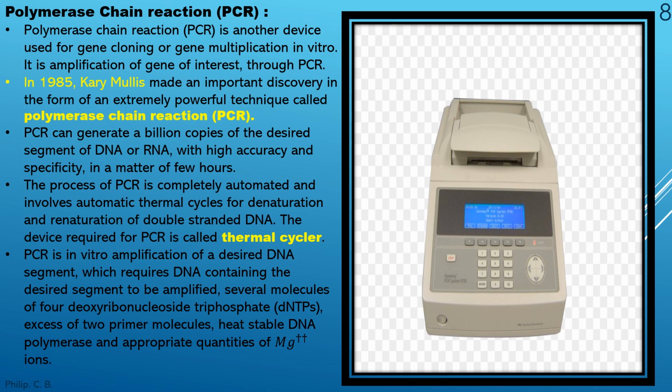So you require a thermal cycler, that is a device which is used for PCR. PCR is in vitro amplification of the desired DNA segment, which requires DNA containing the desired segment to be amplified. Several molecules of deoxyribonucleoside triphosphates, that is dNTPs, an excess of two primer molecules, heat-stable DNA polymerase and appropriate quantities of Mg2+ ions, that is magnesium ions, are also required.